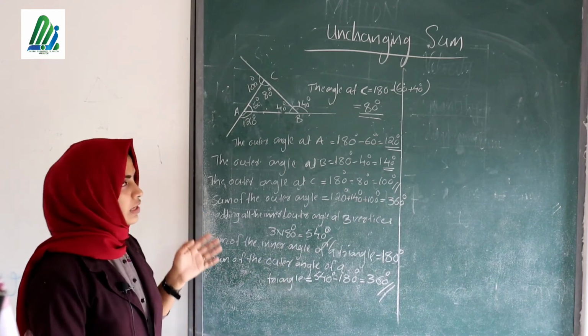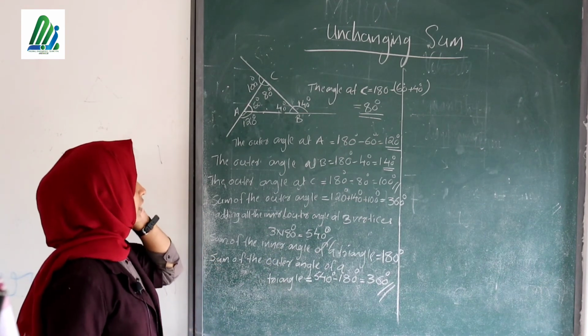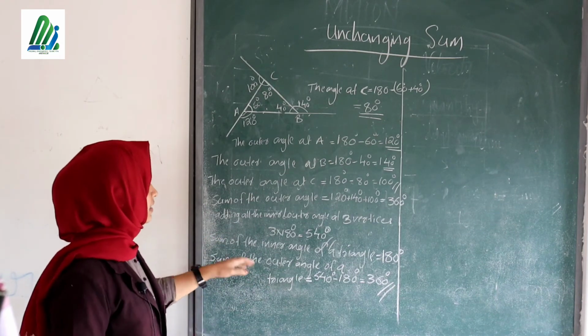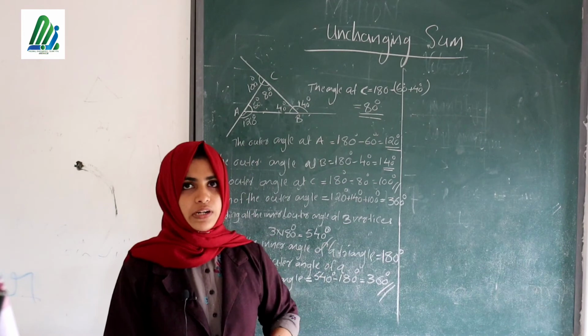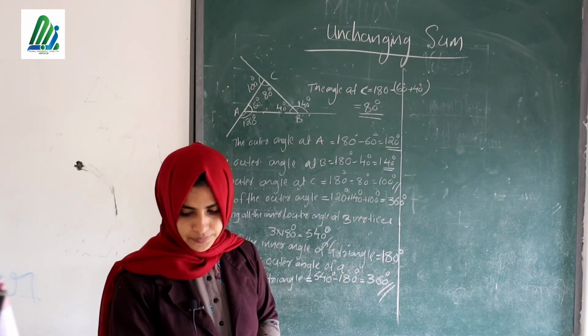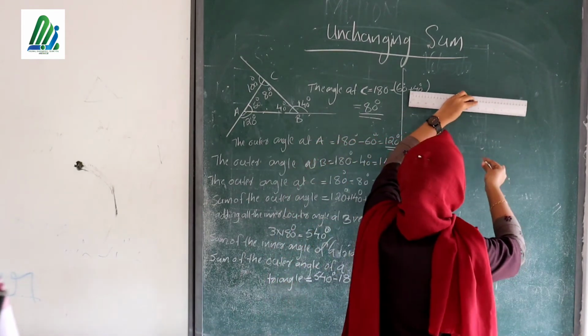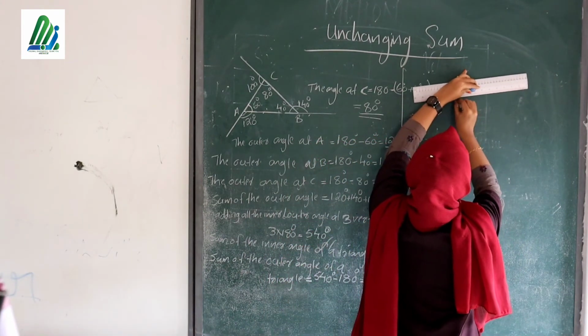So what about a quadrilateral? The sum of the inner angles of a triangle is 180. The sum of the outer angles of a triangle is 360 degrees. Now what about a quadrilateral? Look at the figure.